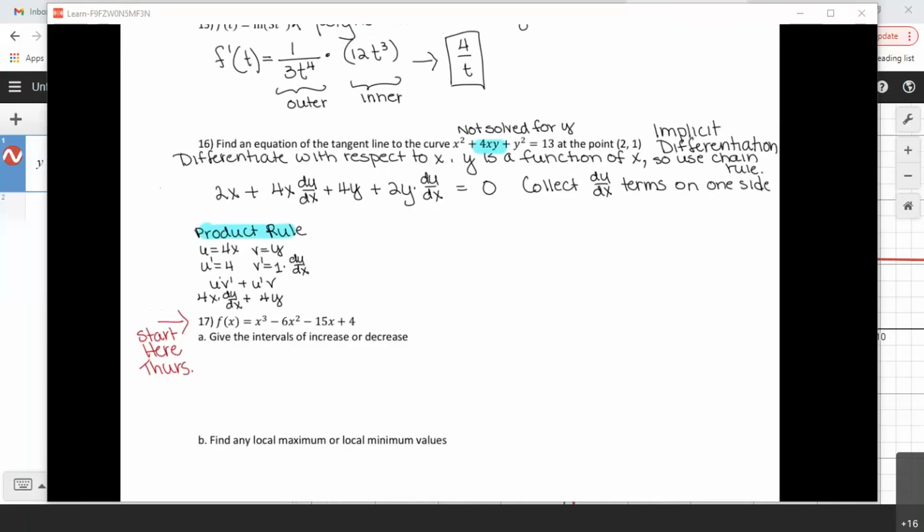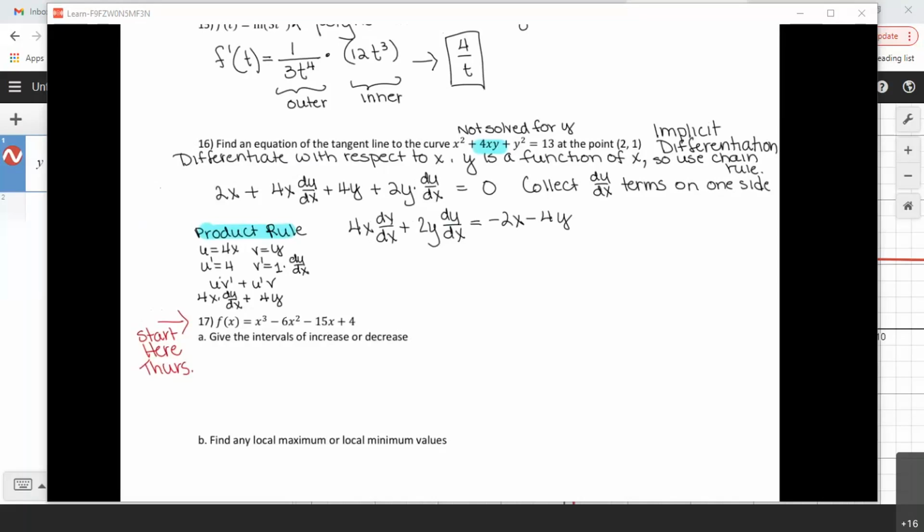I'm going to subtract 2x and subtract 4y. That gives me 4x dy dx plus 2y dy dx on the left, and the other two terms without dy dx wind up on the opposite side with negative signs in front of them.